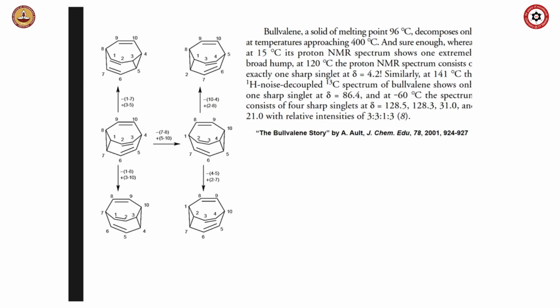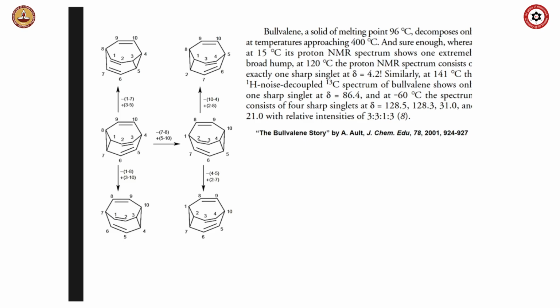What is the Cope rearrangement in this molecule? You see here, 3,5 is a triangle based carbon. After undergoing Cope rearrangement, 3,5 is opened up, right? And 3,10 is now opening up.